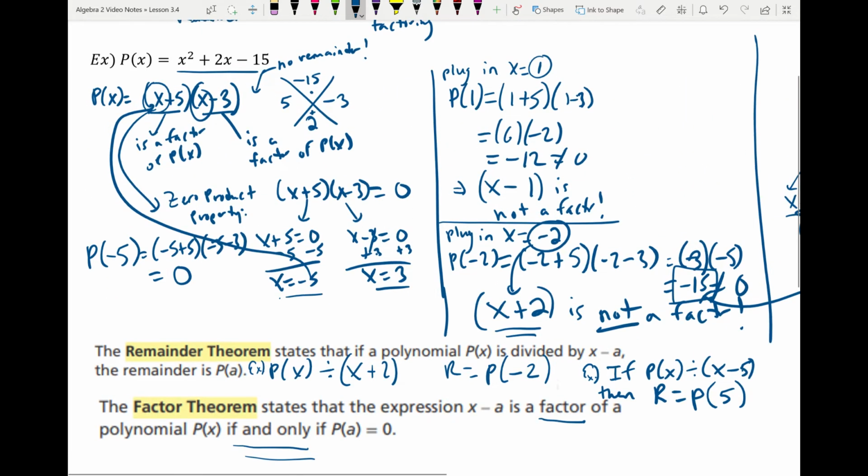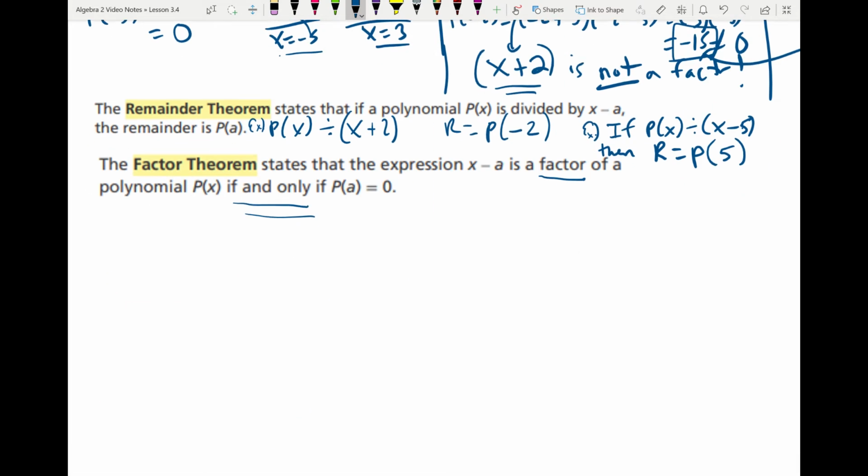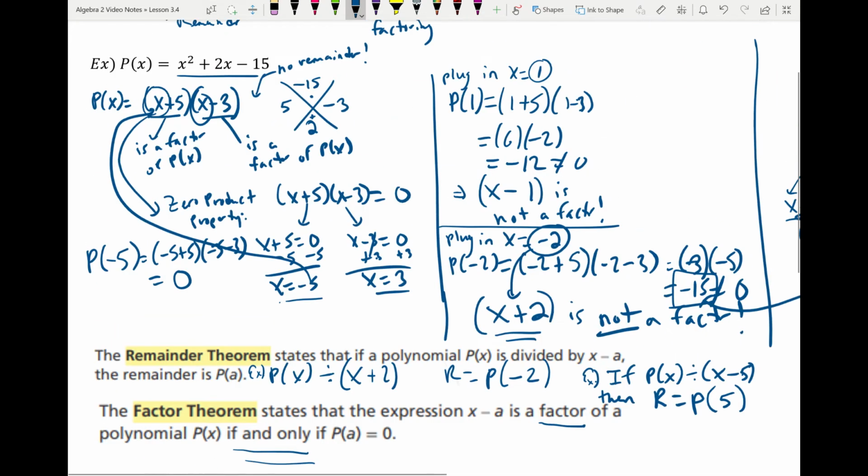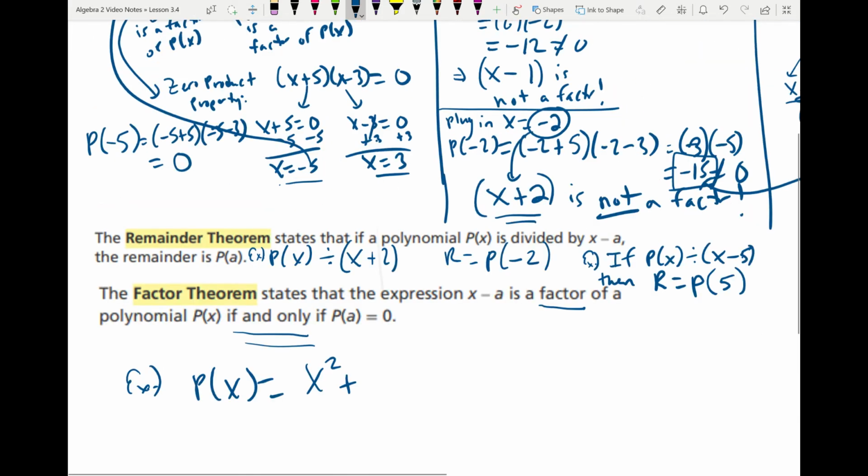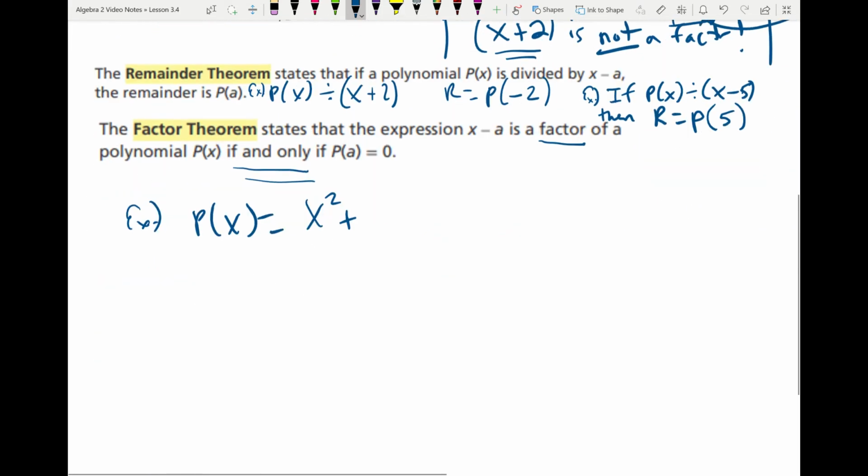So for our example, this was the example that we just looked at. We had x squared plus 2x minus 15.